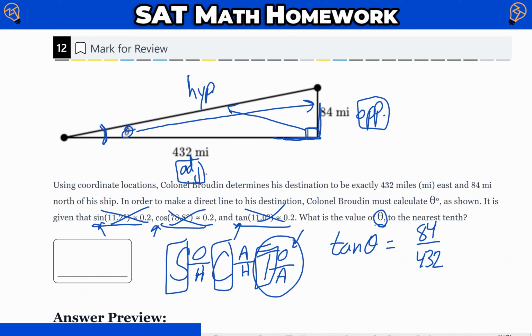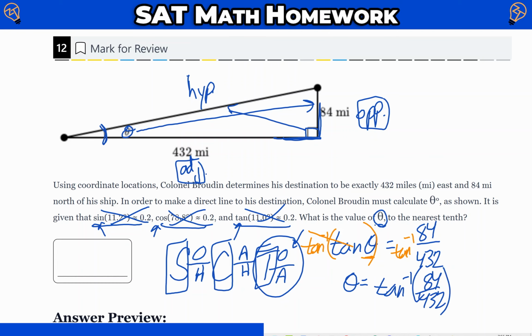And how do we get theta by itself? Well, we undo tangent, not by dividing tangent, but by doing an inverse tangent. And normally you won't see this, but just so you can get an understanding of what we do, I'm going to show that you do that on both sides, just like you would do with pretty much everything in algebra. And now we have theta is equal to inverse tan of 84 over 432.